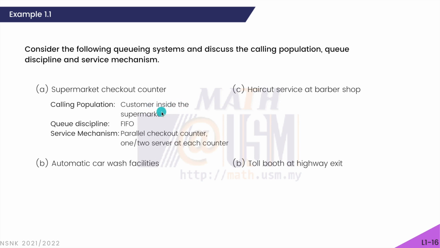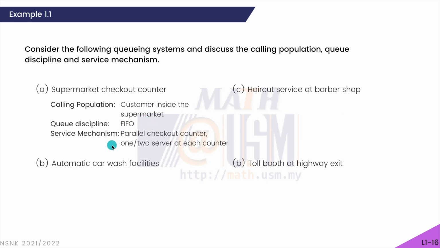Sometimes they just enter and browse, but they are potential customers. They will enter the system if they buy something and want to pay. The queue discipline is usually first in first out, where you have to line up at the checkout counter.